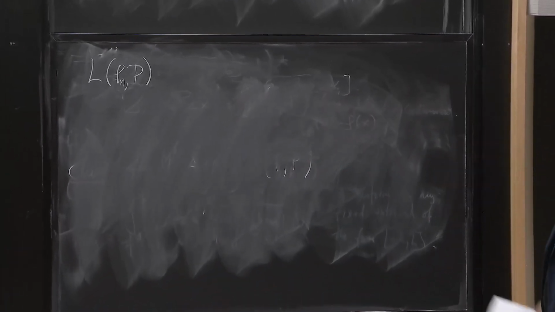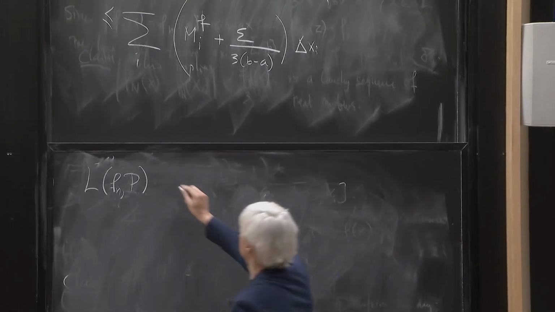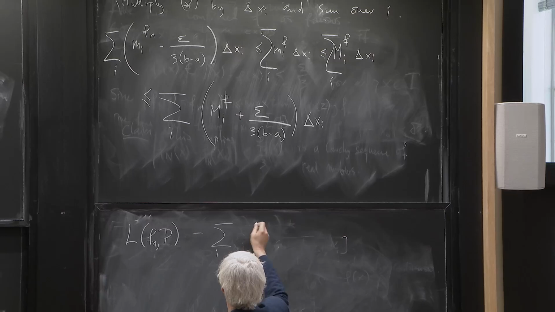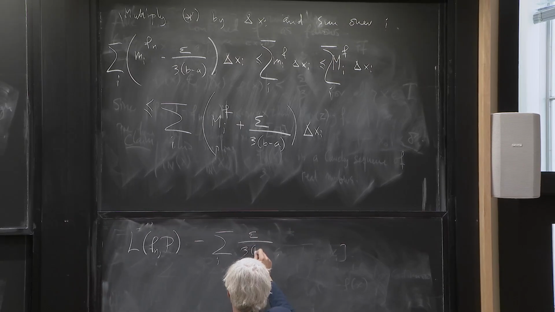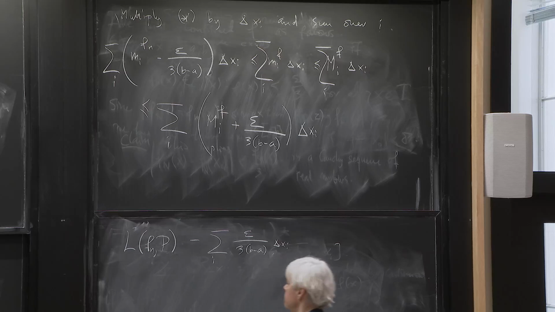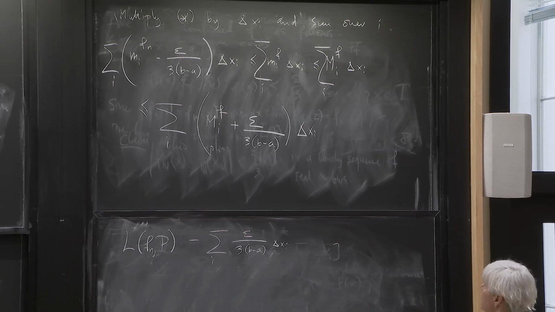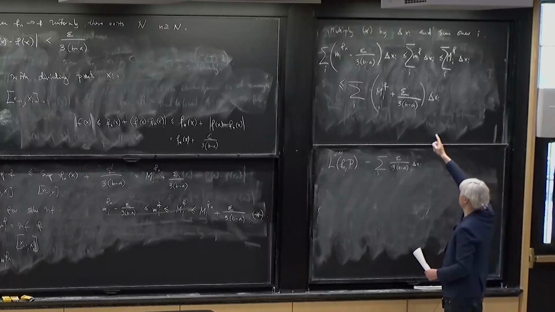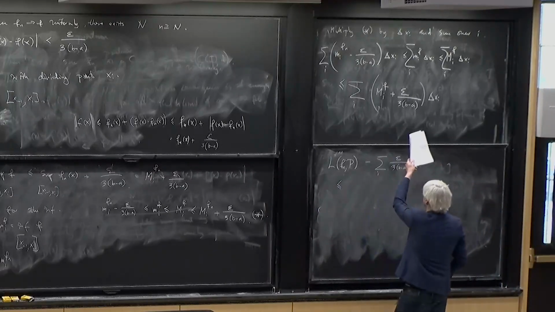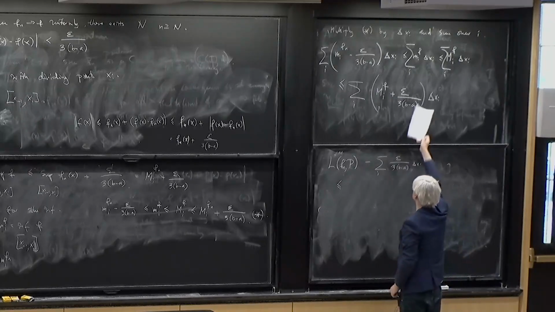But then you get another term, you get this minus, summing over the i of epsilon over 3(b minus a) times delta x_i, right? And then it's less or equal to the term up there.